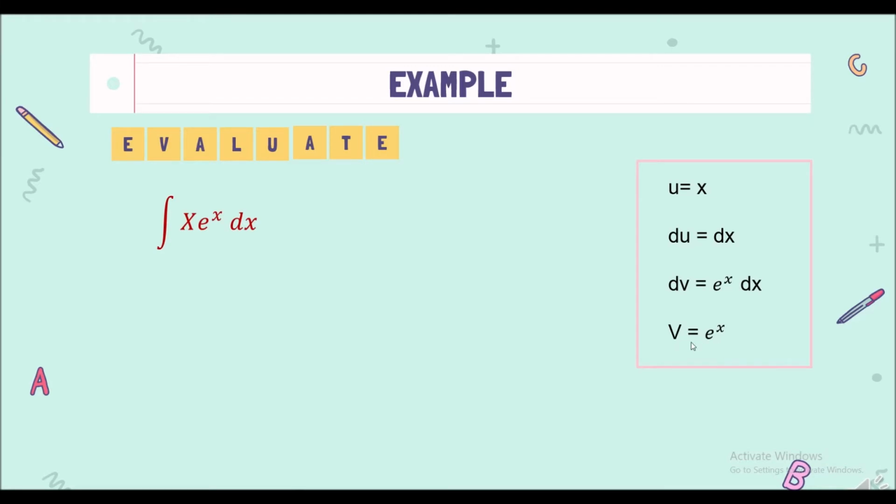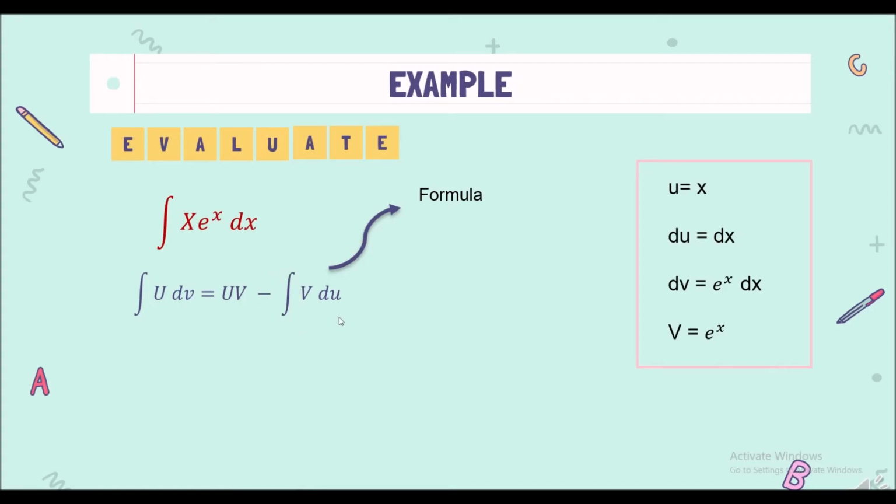So write the formula for integration by parts: the integral of some function u times the derivative of another function is equal to the function u times the entire antiderivative of the other function, minus the integral of that function times the derivative of u.